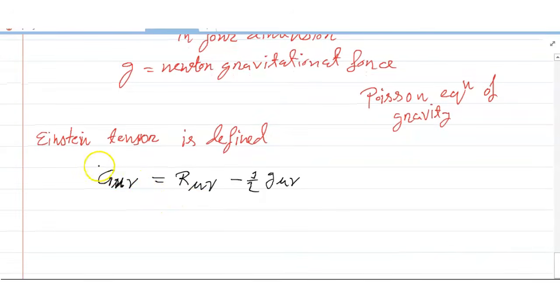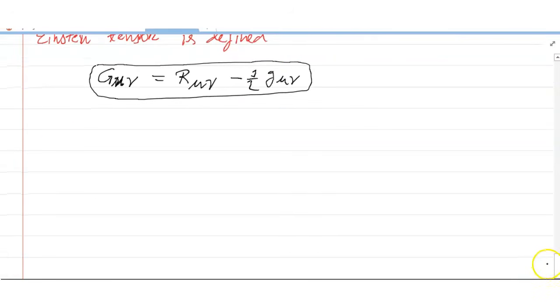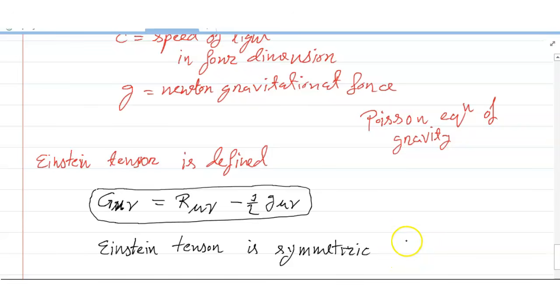This is called the Einstein tensor. The Einstein tensor is symmetric, meaning G mu nu equals G nu mu.